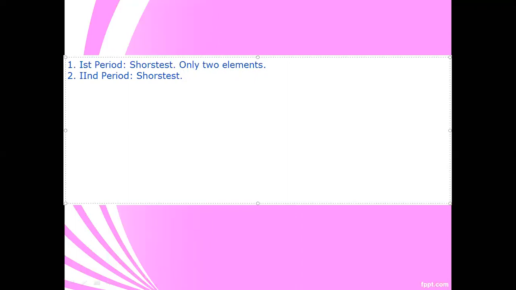So it contains 8 elements. The second period contains atomic numbers 3 to 10 and contains 8 elements. This is also called a shortest period.